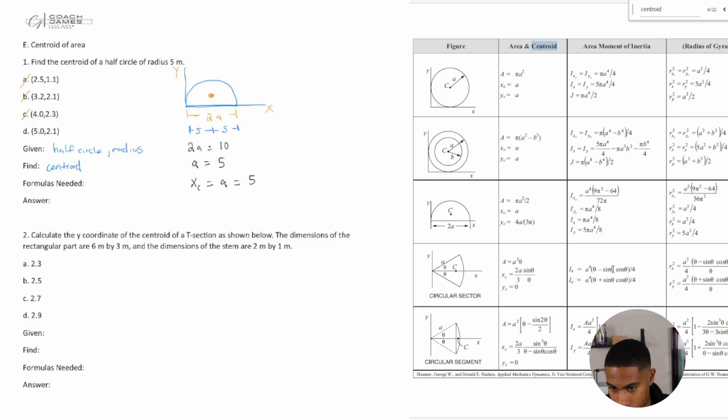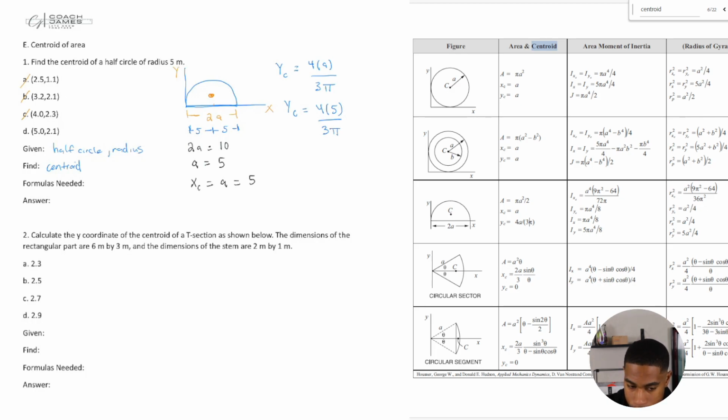Let's look at the y coordinate. yc is equal to 4 times a, all over 3 pi. If we plug in our a value, we get 4 times 5 divided by 3 pi.